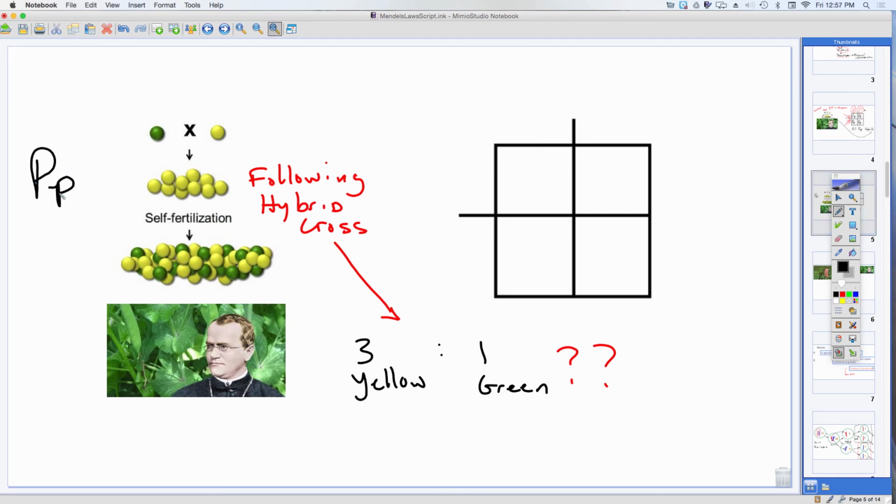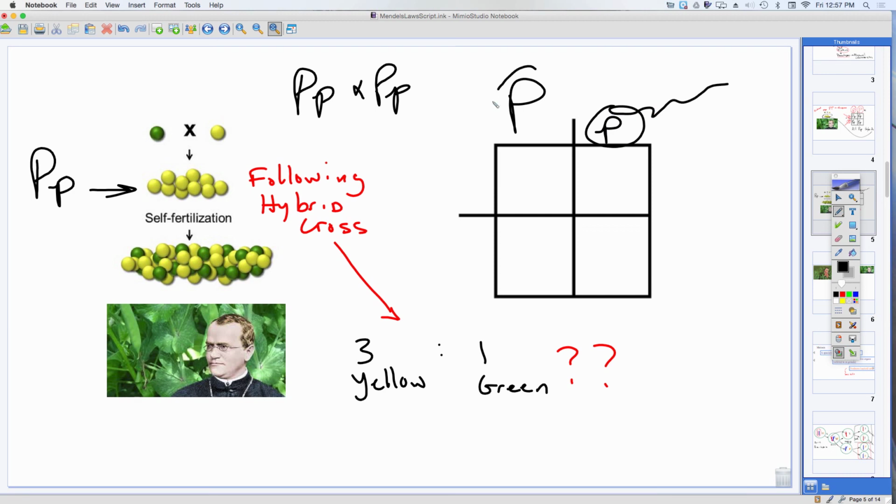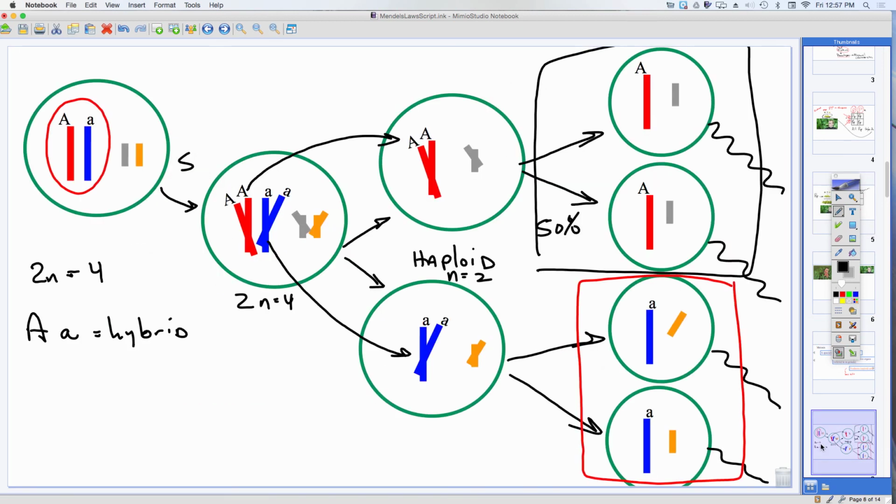all are yellow. So now when we go to the next cross and we have our big P, little p hybrids, and we say, okay, what are we going to do? We are going to cross big P, little p with big P, little p. So what happens? Well, we'll put a big P in one and a little p in another. So again, this could be a sperm.